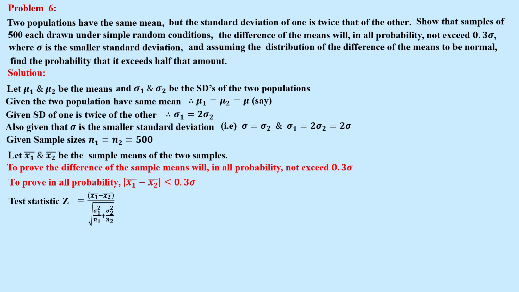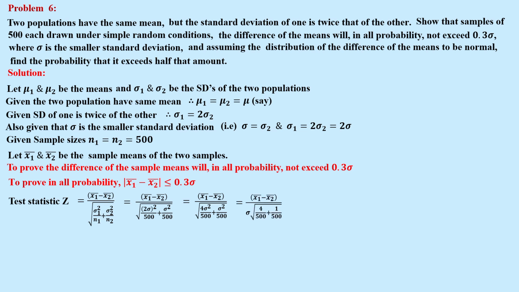The test statistic is x1 bar minus x2 bar divided by root of sigma 1 square by n1 plus sigma 2 square by n2. So x1 bar minus x2 bar divided by root of (2 sigma) whole square by 500 plus sigma square by 500, that is 4 sigma square by 500 plus sigma square by 500.